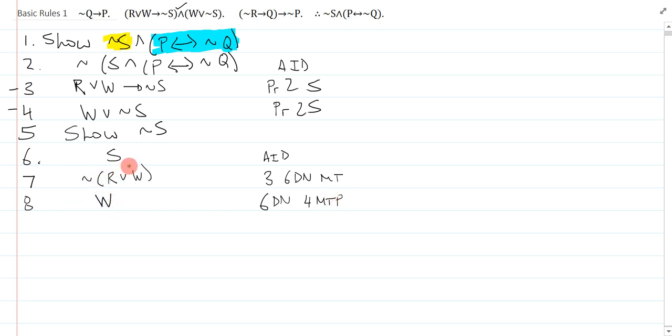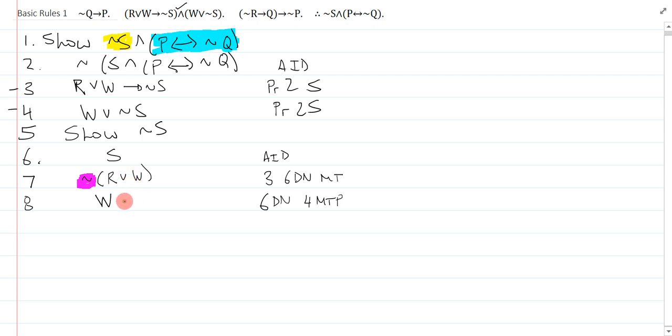From here I just need to look. The trick with this one is this negation right here means that this line is most likely a contradiction generator. I have to use it to get out of my current show line, and the trick to doing that is build the inside. Well, the inside is a disjunction, R or W, which means all I need is one side. Do I have R?